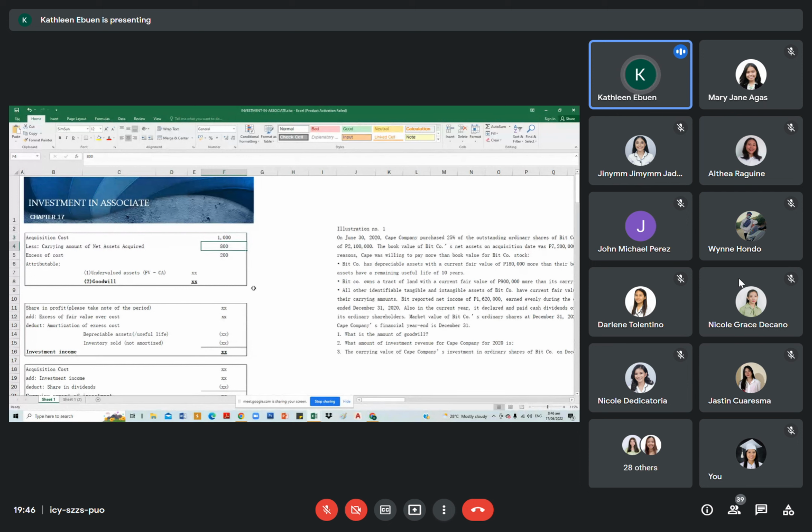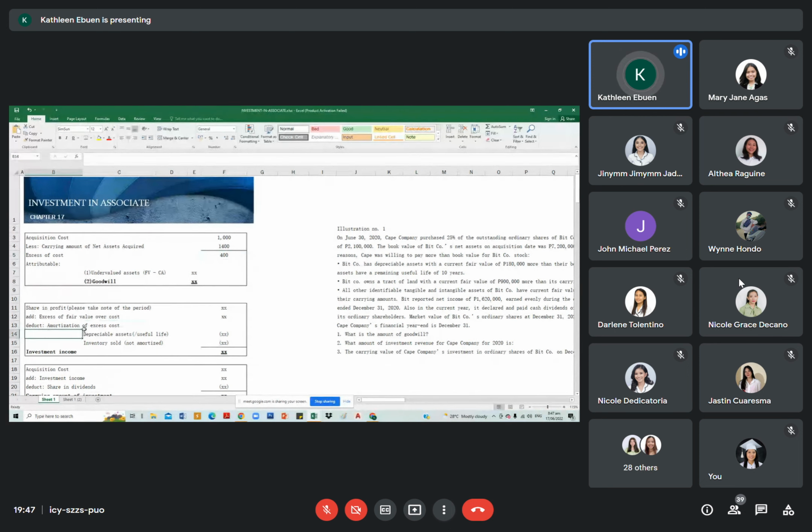Tapos yung carrying amount ng asset pala is 1,400. No? Mas mataas yung binibili mo. So, therefore, you have excess of fair value over cost. So, i-add po natin yan sa investment income. Yung itong excess, mapupunta siya sa investment income.